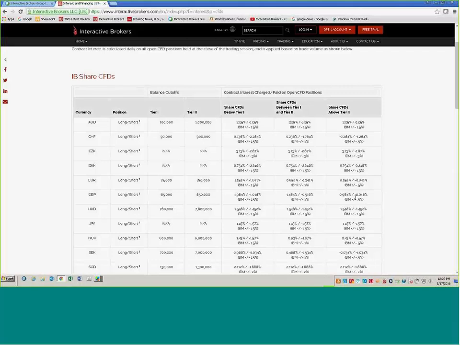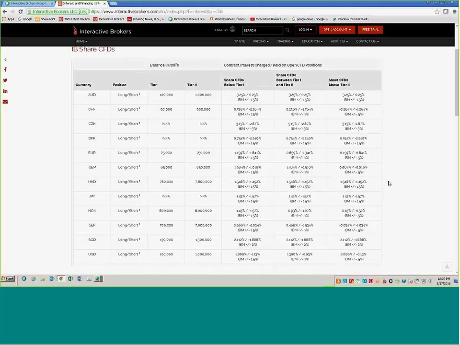It'd be 1.159% on Tier 1, up to 1.81%, so that's benchmark plus 1.5%. Then Tier 2 is 0.659%. And Tier 3, the greatest volumes, is between 0.159% and 0.84%.